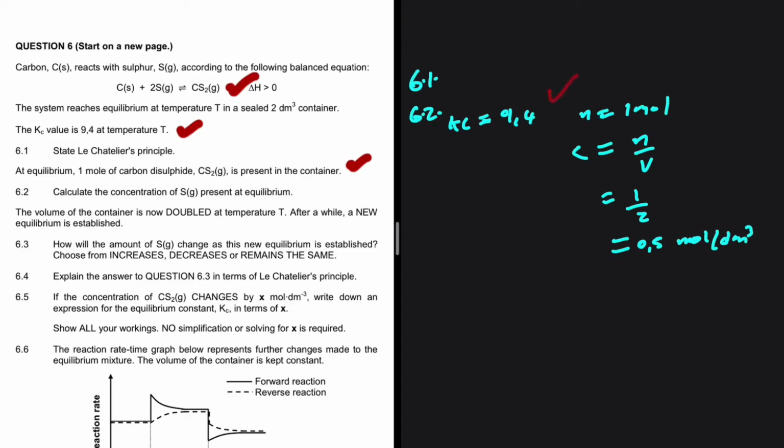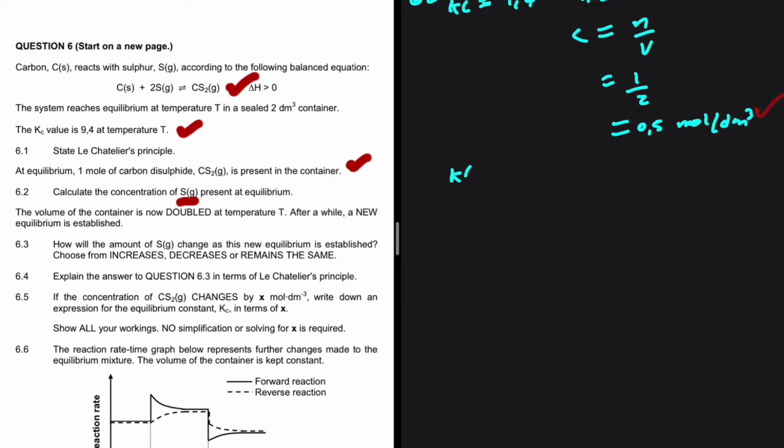So we have the Kc and we have the concentration of CS2 at equilibrium. How can we possibly find the concentration of S at equilibrium? We can simply say that Kc is equal to the concentration of the products, so that is the concentration of CS2, divided by the concentration of the reactants.